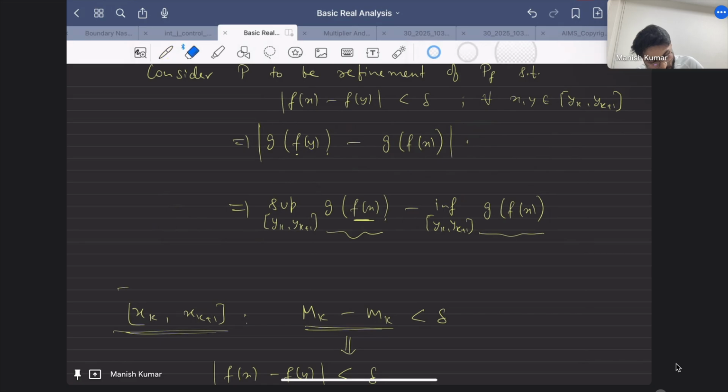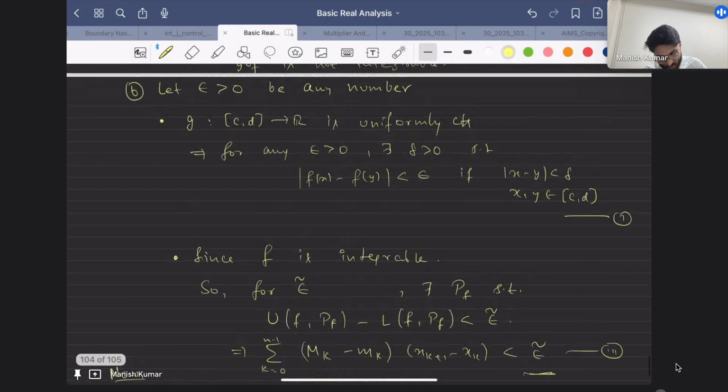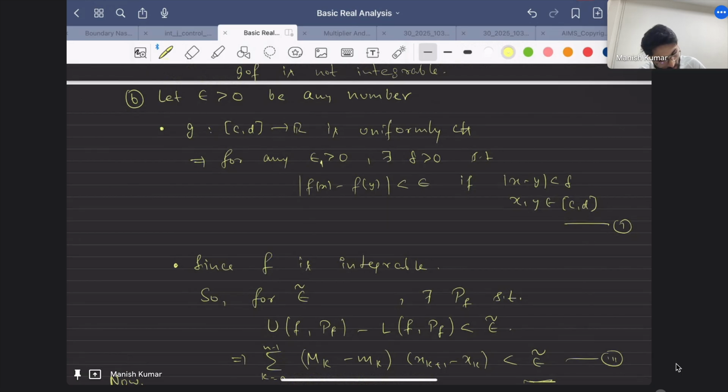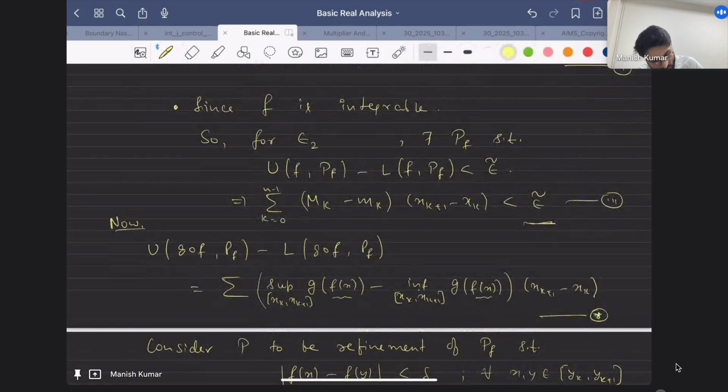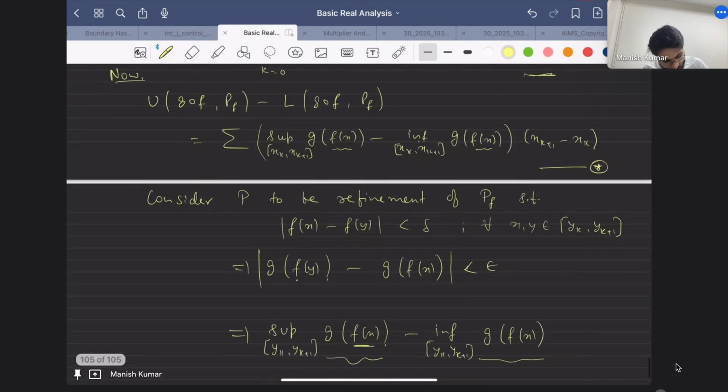Let me say this is epsilon 1 and this is epsilon 2; we'll choose them later in terms of epsilon. So this is less than epsilon 2 by 1.